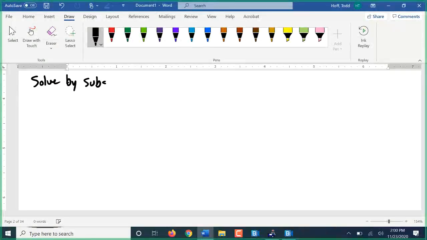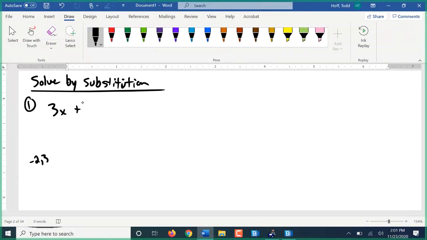So I'm going to give you two more here that I want you to solve by substitution. And both of these will be fairly easy to solve by substitution. So we're going to do 3x plus 5y equals 9. And x plus 2y equals 4.